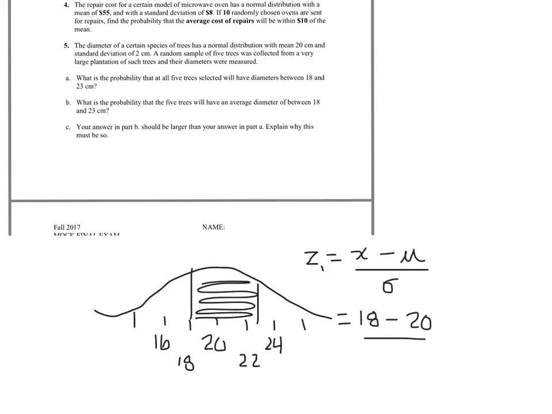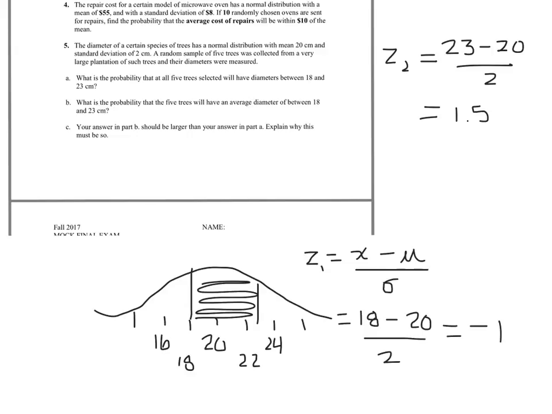The standard deviation was 2. So we can see that that first tree is 1 standard deviation below the mean. Our second tree of 23-inch diameter would be 23 minus the mean over the standard deviation. And we get 3/2 or 1.5.